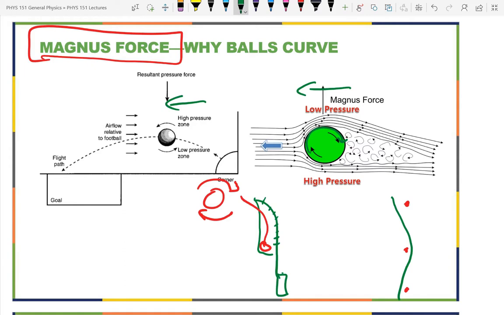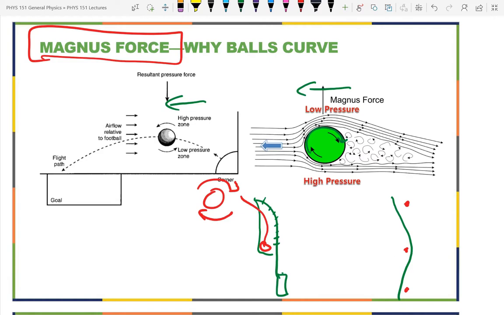Now that is not all. The turbulence back here is also a major factor in its path, but it's a harder one to explain. So let's focus on the easy one. This effect can actually be used. They've made boats where they make a rotating cylinder, and you can use that rotating cylinder to propel the boat, which seems completely impossible.